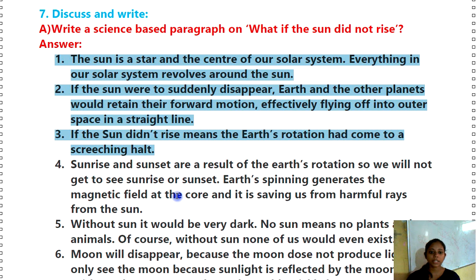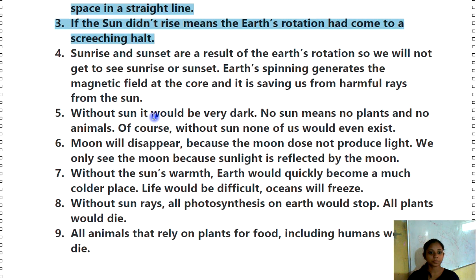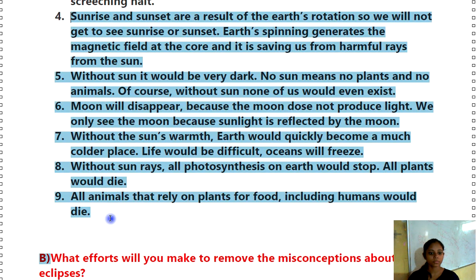If the sun didn't rise, it means the Earth's rotation had come to a screeching halt. Sunrise and sunset are the result of the Earth's rotation, so we will not get to see sunrise or sunset. Earth's spinning generates the magnetic field at the core, and it is saving us from harmful rays from the sun.